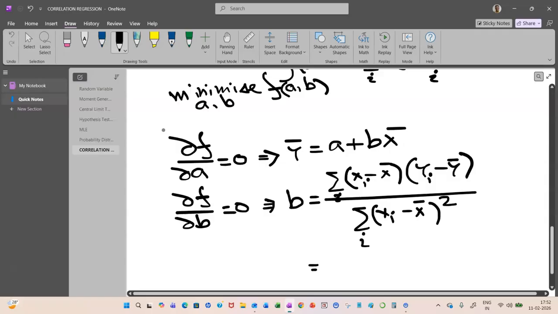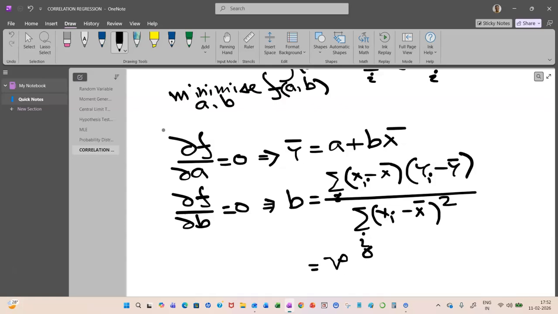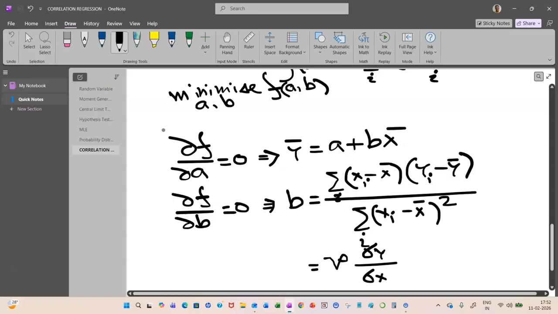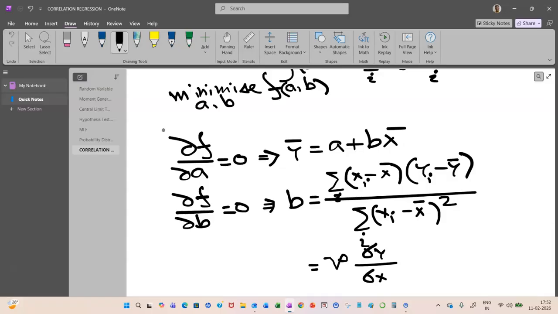If you look closely, this is nothing but r times the standard deviation of y by the standard deviation of x. So this is the relation between the correlation coefficient and the regression coefficient.